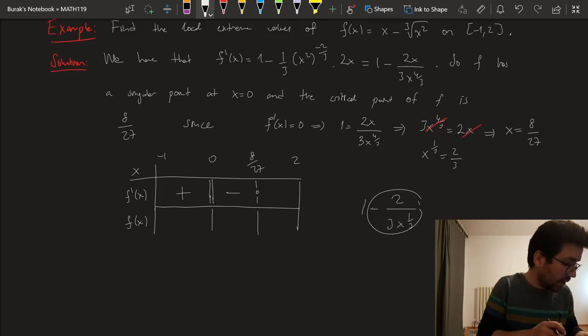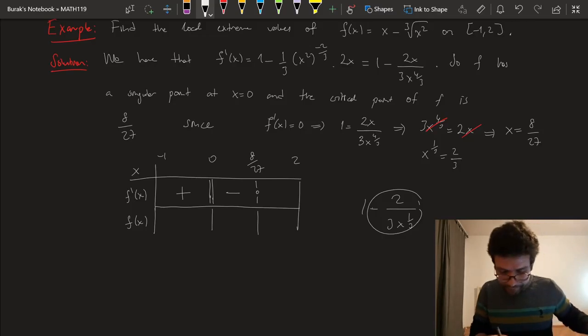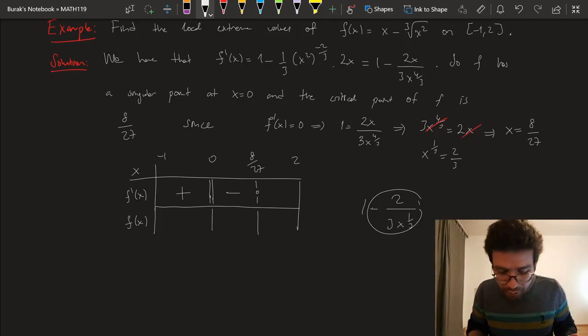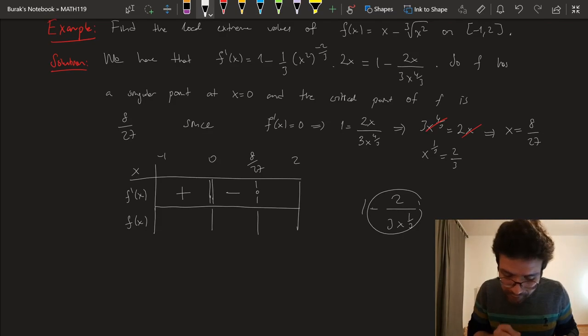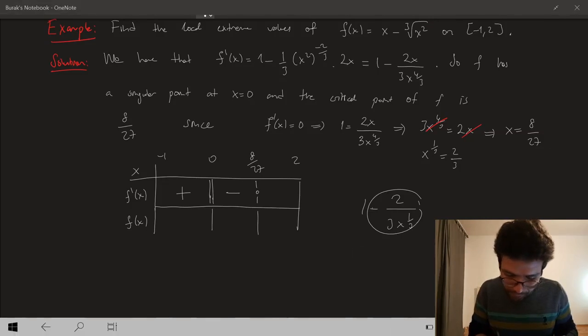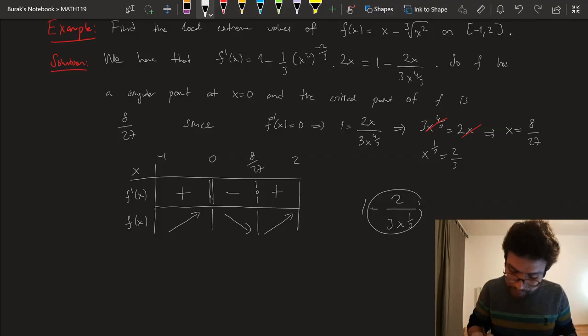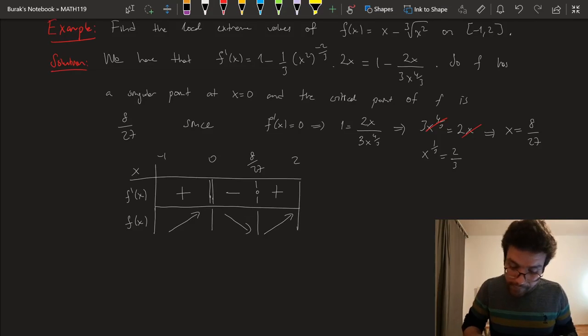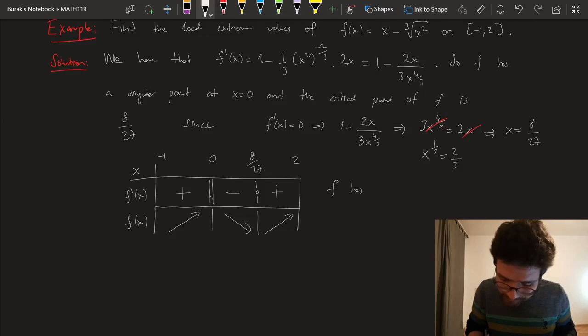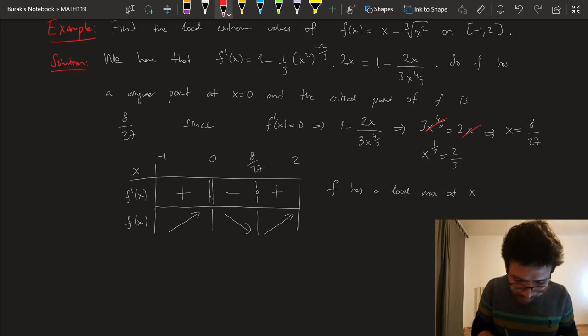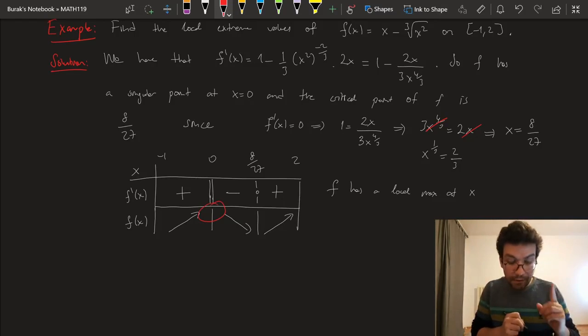Okay, just give me a second. Yes, it will be negative. You can simply plug in some number like 1/27 to see whether this is positive or negative. And over here, it will be positive as well. Okay, so my function will increase, decrease, and increase again. So f has a local maximum, it's increasing, decreasing, over here, it's a local maximum.